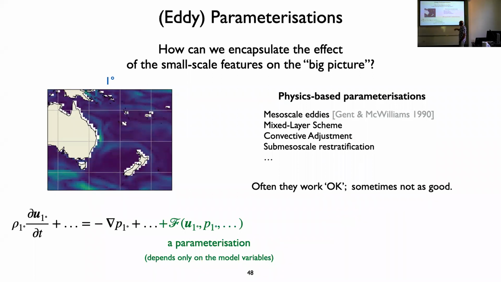There's the mixed layer scheme parameterization. There's a bunch of them. And they often work okay, sometimes they don't work. Just for the record, this 1-degree model already includes all of that and still looks like that. If it didn't include anything, it would just blow up and give random numbers. Like it wouldn't even work, I think.